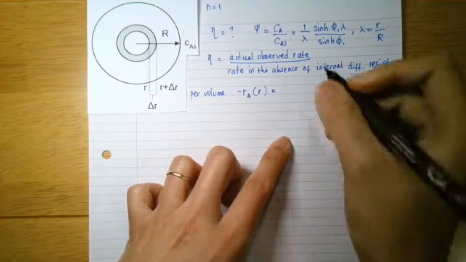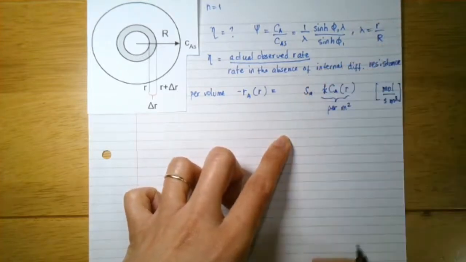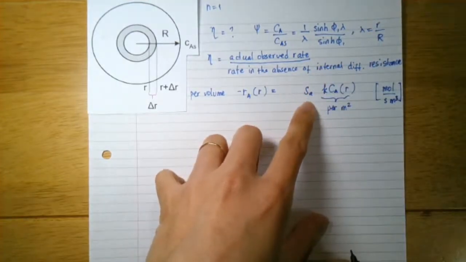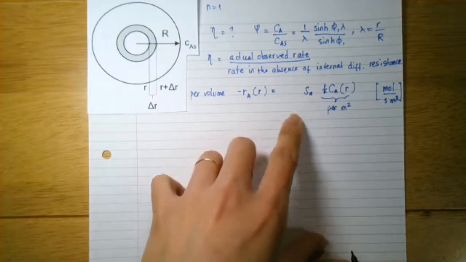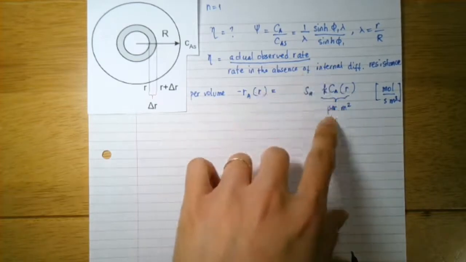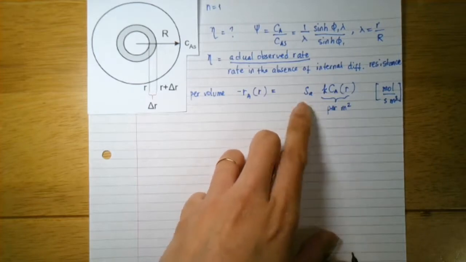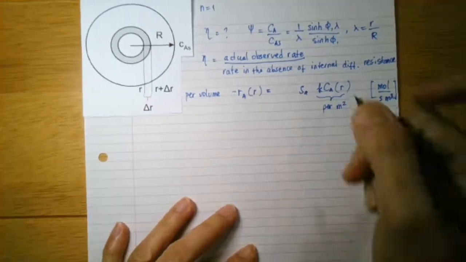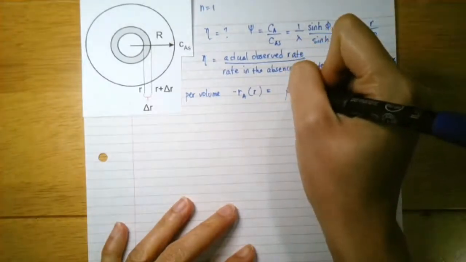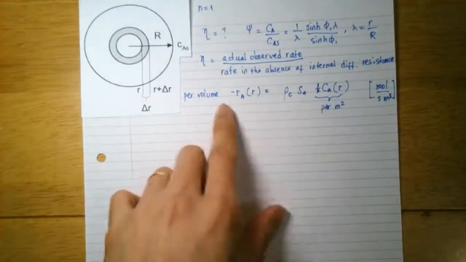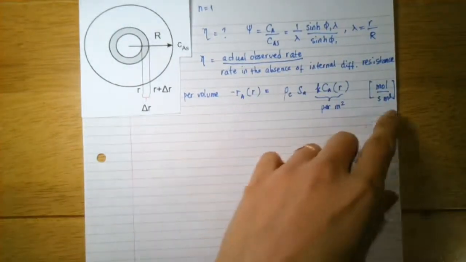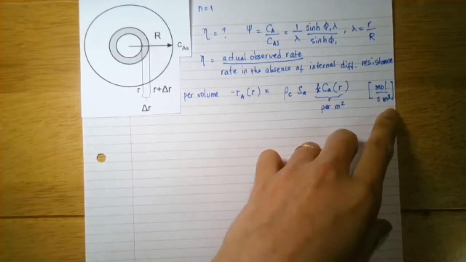If we multiply by the specific surface area, with units of m squared per kilogram, the whole term will have units per kilogram catalyst. But we want per volume, so we multiply by the density of the catalyst. Now we have the right units, mole per second per m cube.